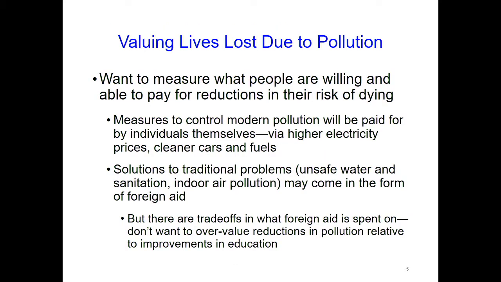So this has been said now about 5 times, but we do want to measure what people are willing and able to pay for reductions in their risk of dying. And as the slide said, people are going to be paying for a cleaner environment. They're going to reduce air pollution by paying via higher electricity prices or cleaner cars and fuels.